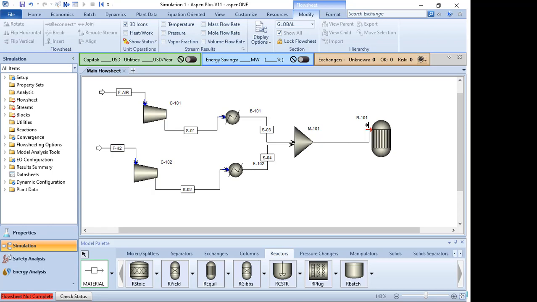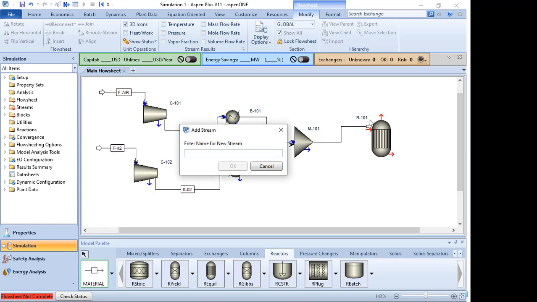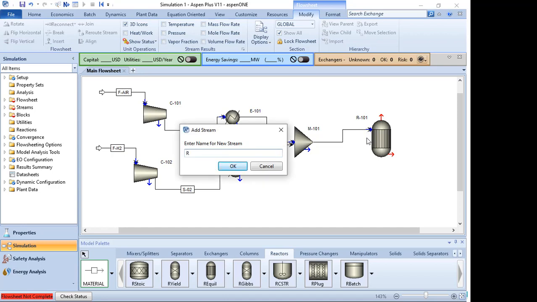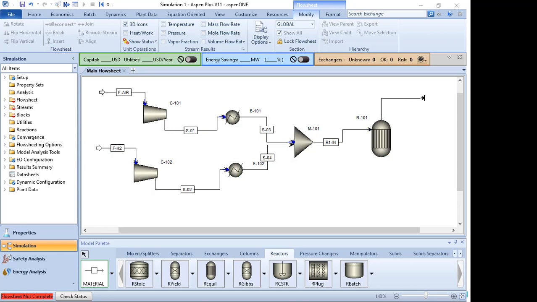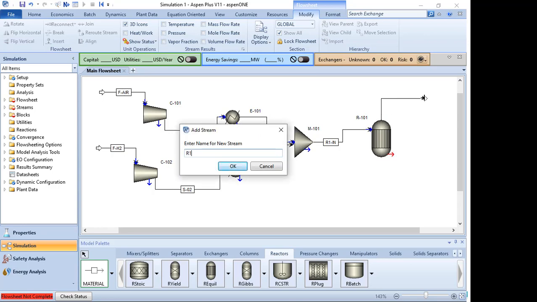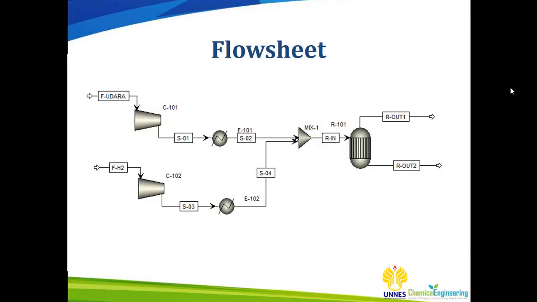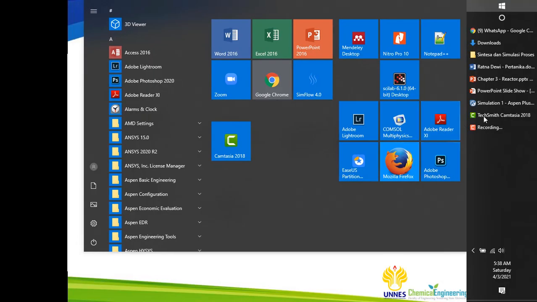When you are doing something like this, you will find one white arrow near the main equipment, so you have to cancel it, and then put it correctly on the red arrow, and it will turn into a black arrow like this, and you can name it R1 in. This one is R1 out 1, if I'm not mistaken, R out 1.